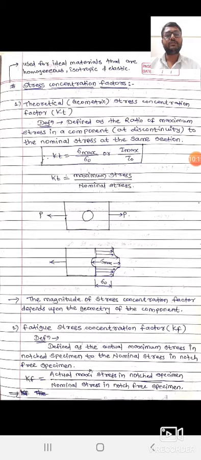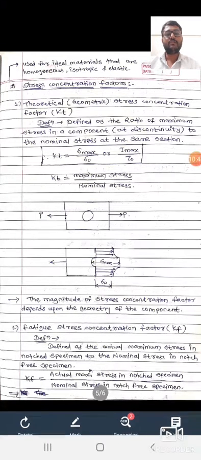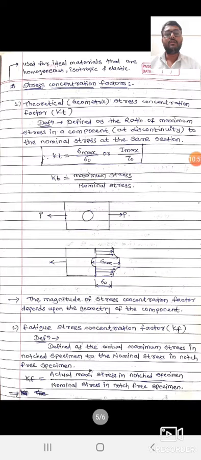The plate shows a circular hole at the center and a tensile force P. By applying tensile force P, at the hole, due to discontinuity, stress concentration acts, where sigma max is the maximum stress and sigma O is the nominal stress acting in the plate. The magnitude of the stress concentration factor depends upon the geometry of the component.